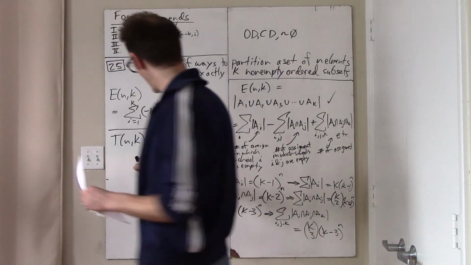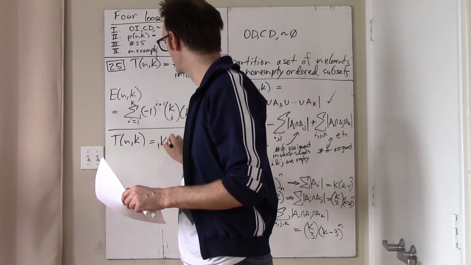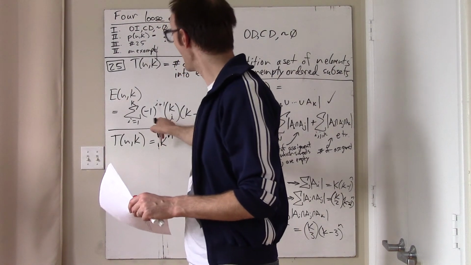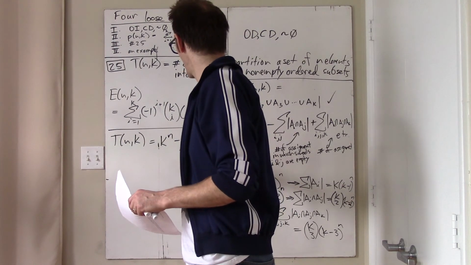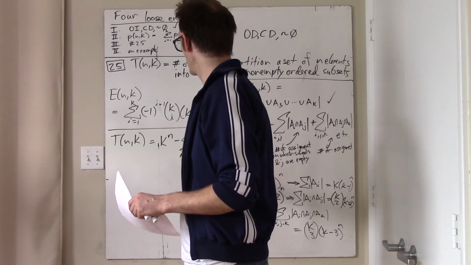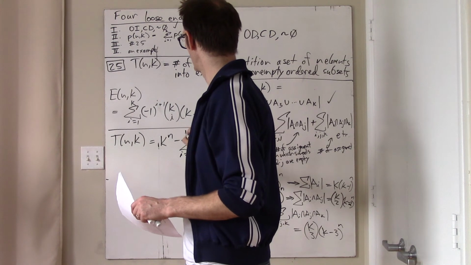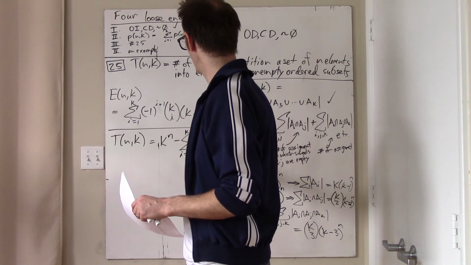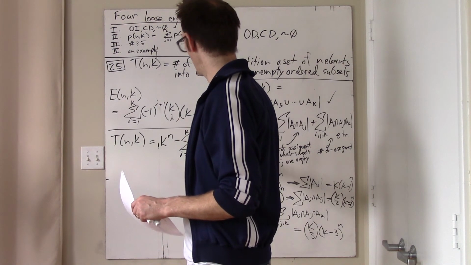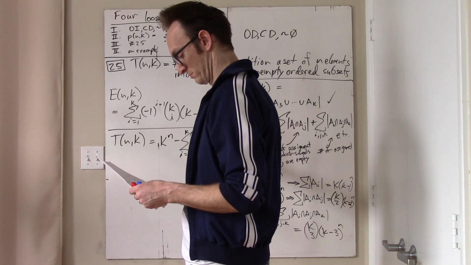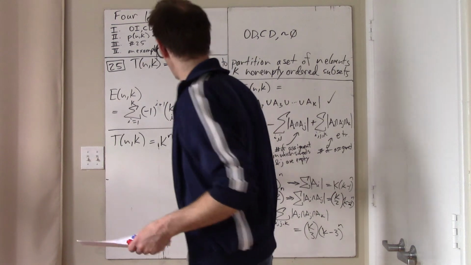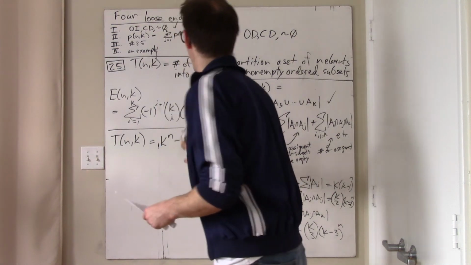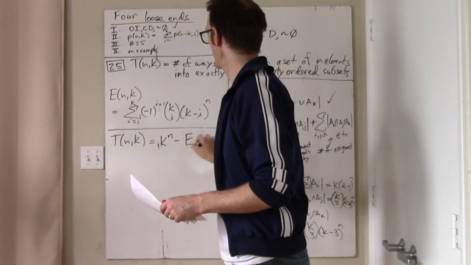What's TNK? It's K to the N minus this, so minus the sum I equals 1 to the K, -1 to the I plus 1. It's just minus this whole thing, as we previously said.